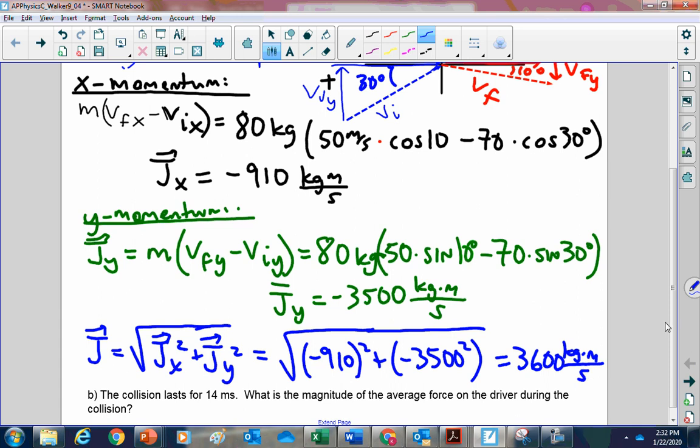Now, technically, we're supposed to give an angle as well. So again, I'm running out of space. Let's do this.